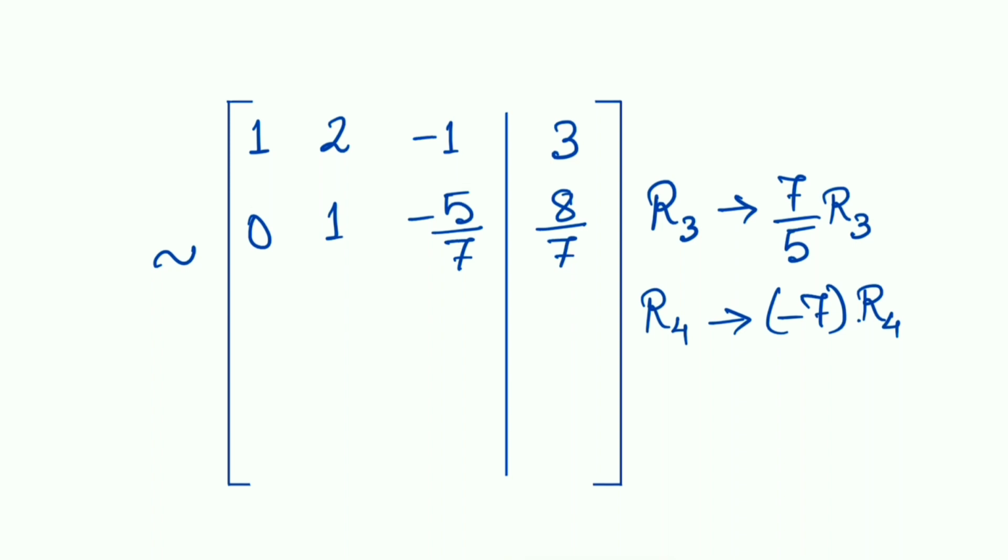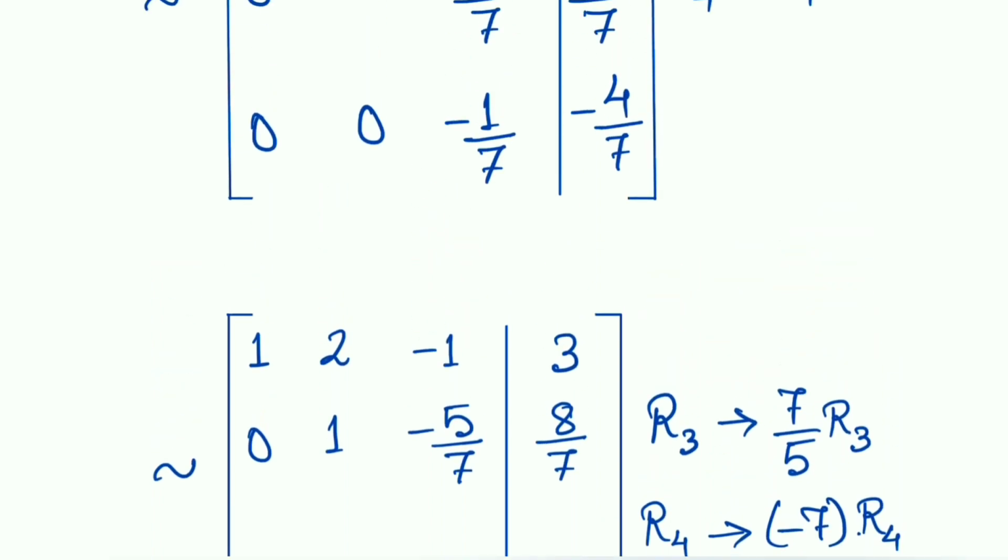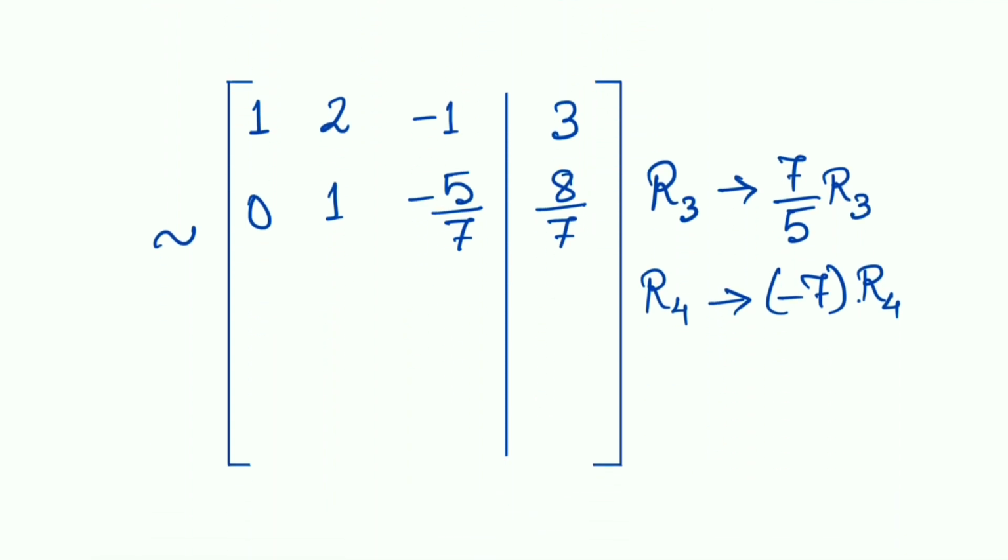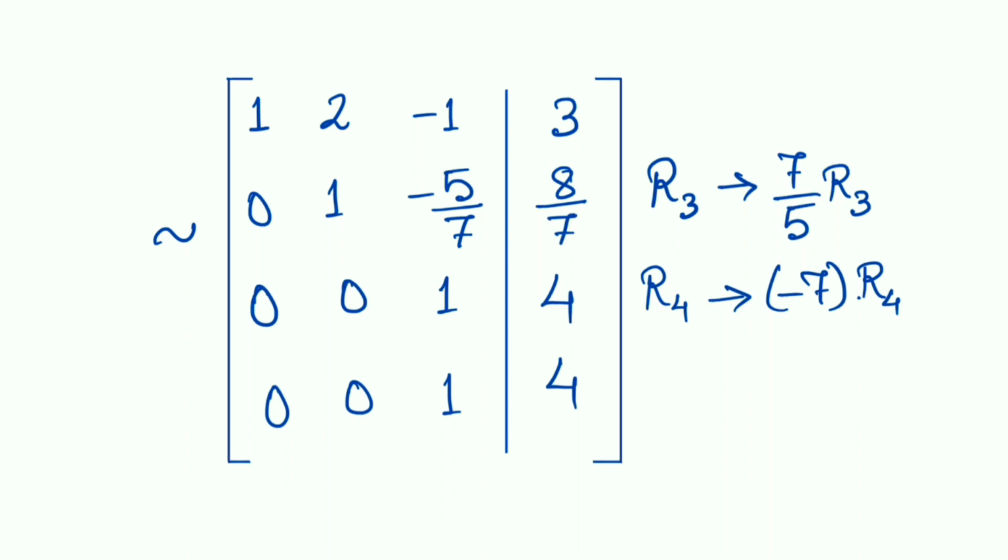Now row 3 after scalar multiplication with 7 by 5 reduces to 0, 0, 1 and then 4. Similarly, row 4 after multiplication with minus 7 reduces to 0, 0, 1, 4.